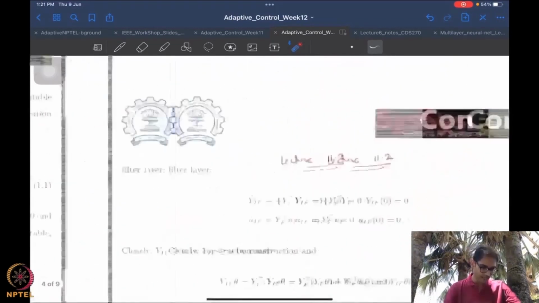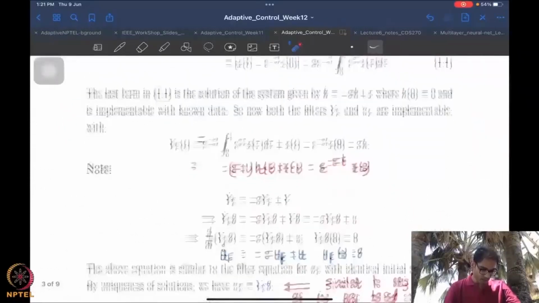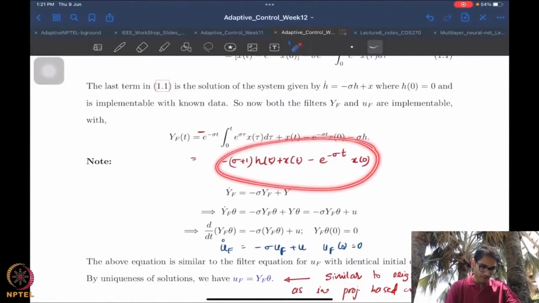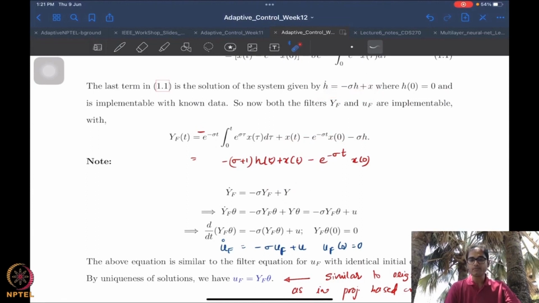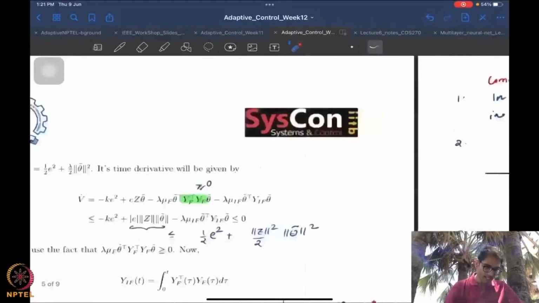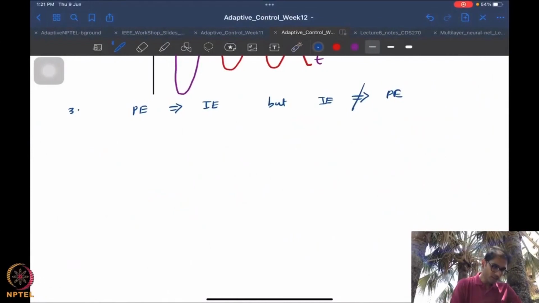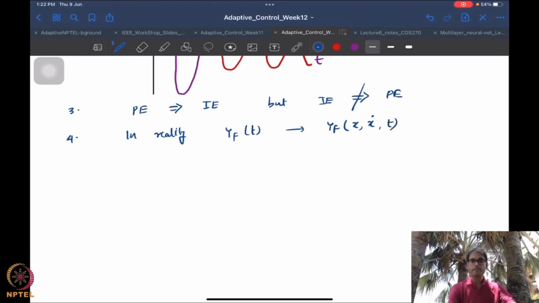I even wrote the expression for YF, something like this, where H also depends on the state. And this is the case for most problems that you will ever consider. In reality, YF of t is actually YF of x, x dot, t. It depends on the states and its derivative.